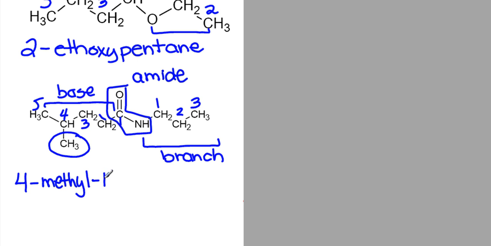So just same format, except we're going to use N. 4-methyl N-propyl. And then we put the base chain, 5 carbons, AN for single bonds, and amide. So 4-methyl N-propylpentanamide.